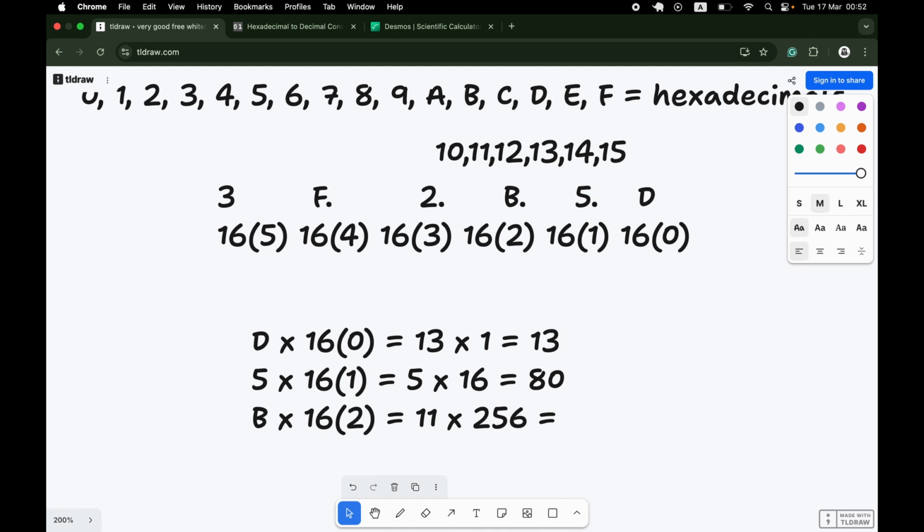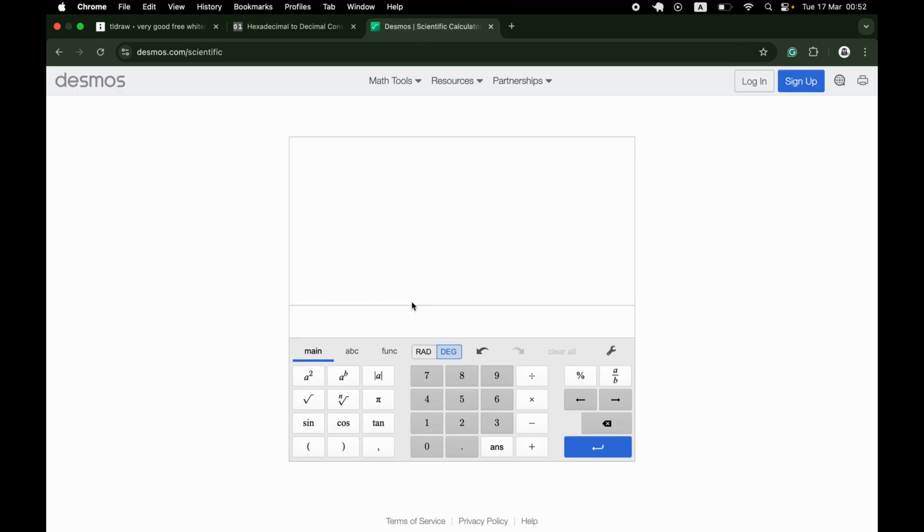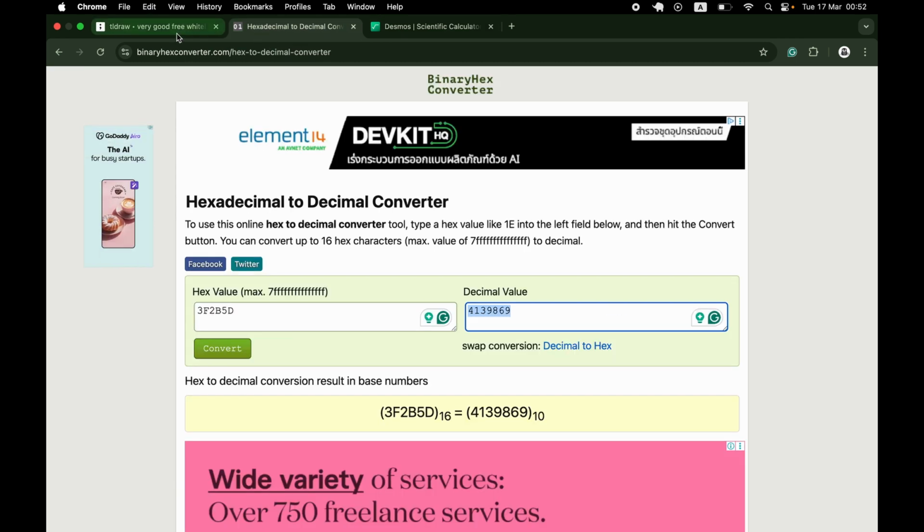Let's multiply this in the calculator. 11 times 256 gives 2816.